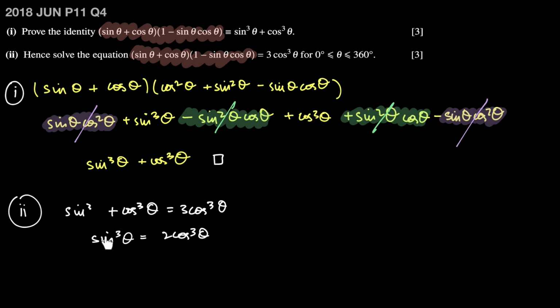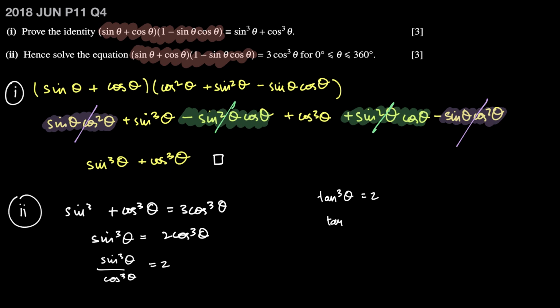Now if we divide both sides by cosine cube theta, we get sine cube theta divided by cosine cube theta is equal to 2. The reason we did this is because sine theta over cosine theta is simply tan theta, right? That's just opposite over adjacent. So tan cube theta is equal to 2.